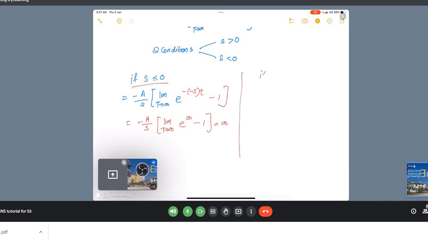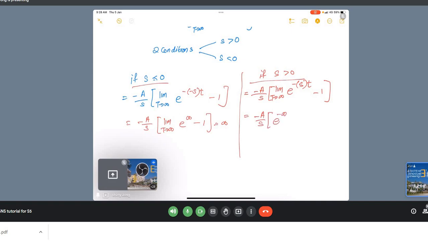But if s more than 0, this is the limit as t goes to infinity. If s is more than 0, it means it's a positive s. So if this t is changed to infinity, what will you get?